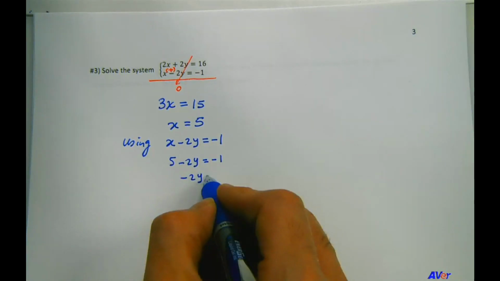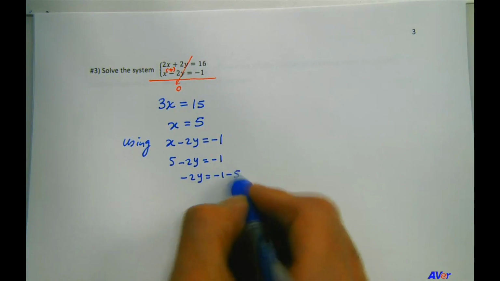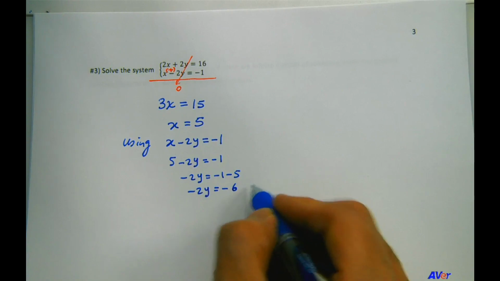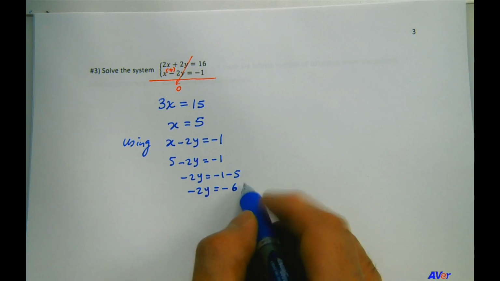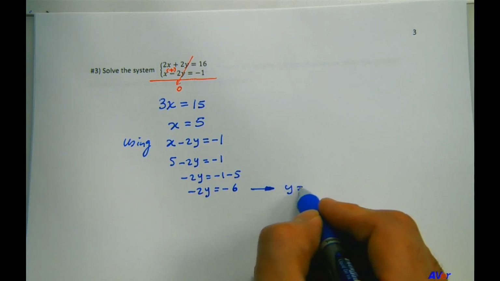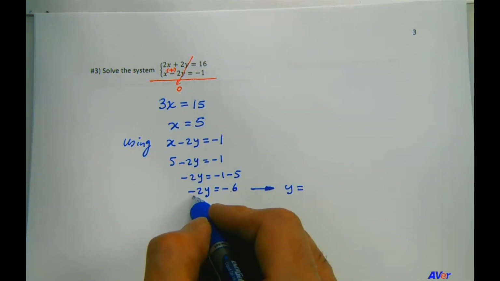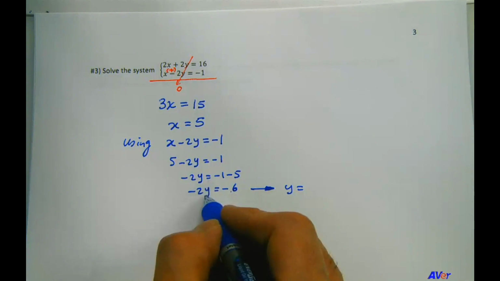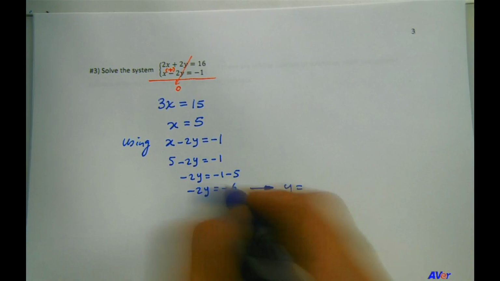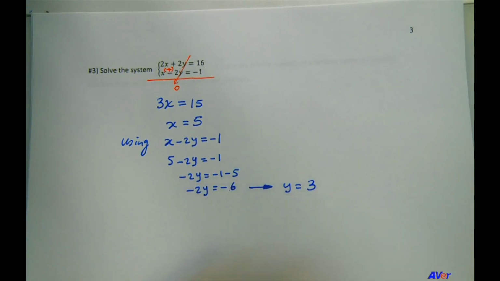Minus 2y equals minus 1 minus 5. Minus 2y equals minus 6. And then y is equal to minus 6 divided by minus 2. We're solving for y, so we need to isolate y. That means we need to get rid of the negative 2, so we divide both sides by negative 2. Negative divided by negative is positive, so we end up with positive 3 for y.